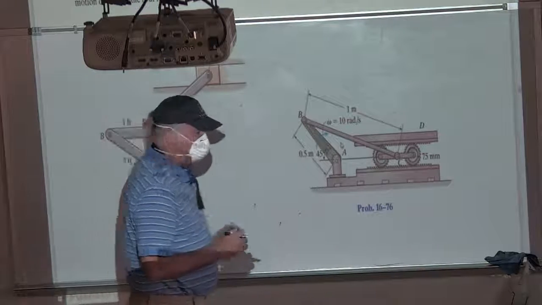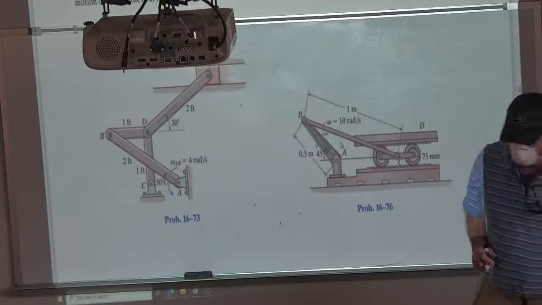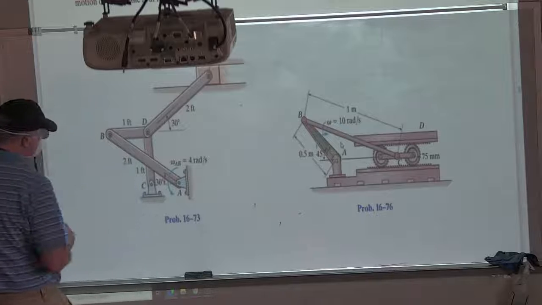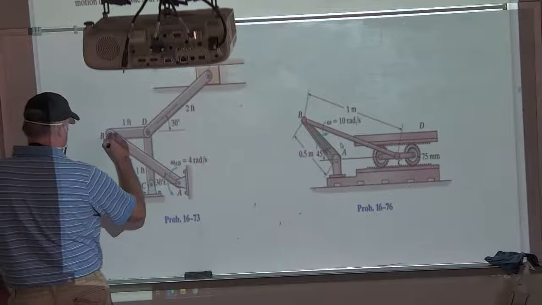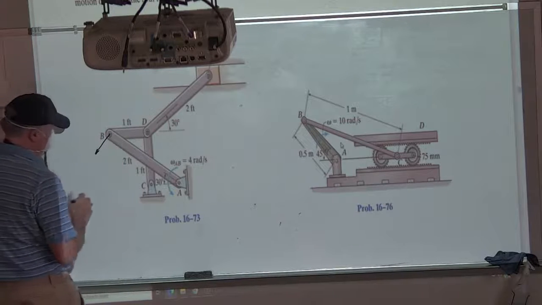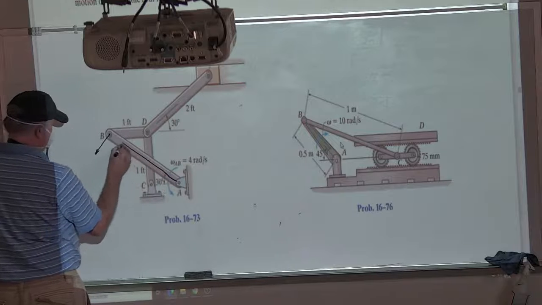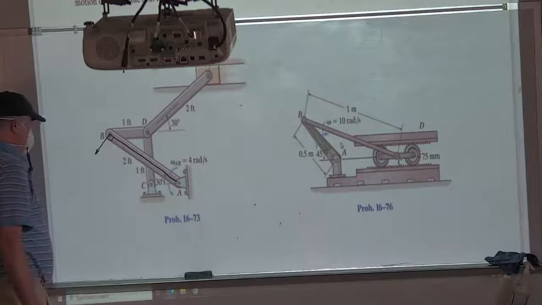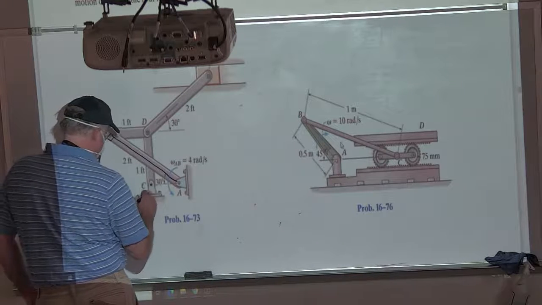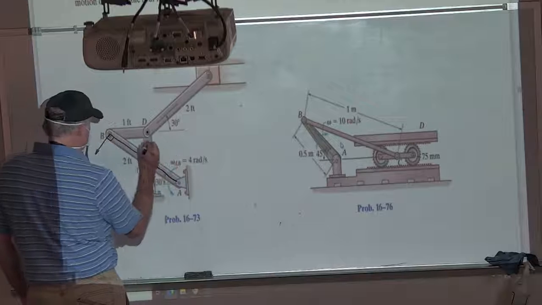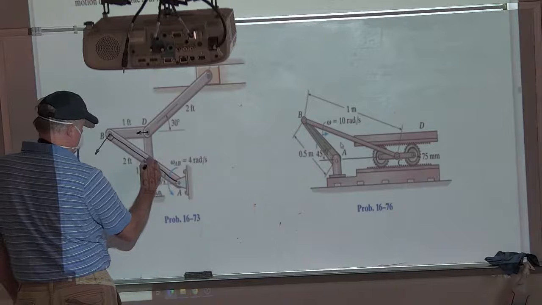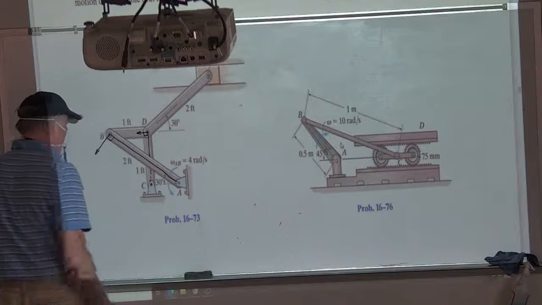First, I'm going to do this using instant center. In an instant center sort of sense, I know point B moves in that direction because of this. I know point D moves in that direction because it is attached in this way.